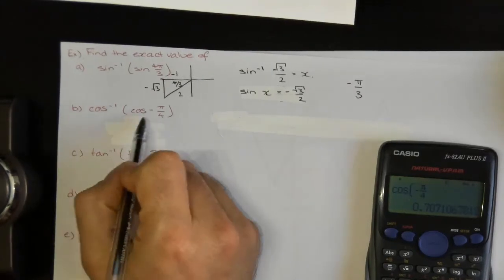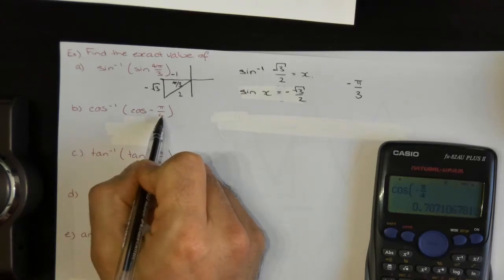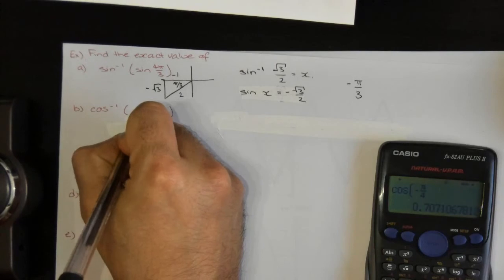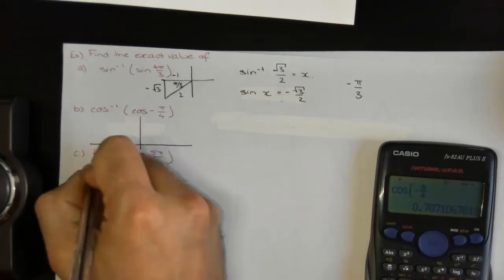So we're going to do the first part first. So we want to find cos of negative pi on 4. So we're currently working, it's a negative angle, so we're currently working in the second quadrant.